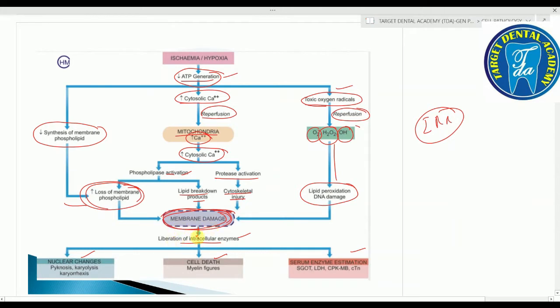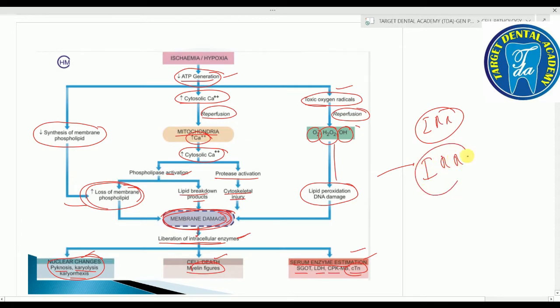In the membrane damage, there is a liberation of intracellular enzymes, which leads to nuclear changes like pycnosis, karyolysis, and karyorrhexis. There is also cell death, myelin figures, and the serum enzyme estimation: SGOT, LDH, CPK-MB, and CTN.